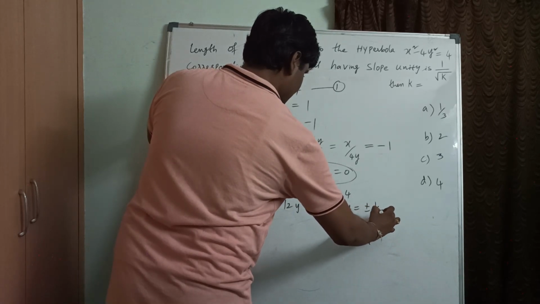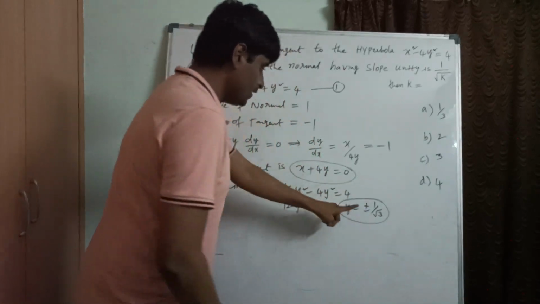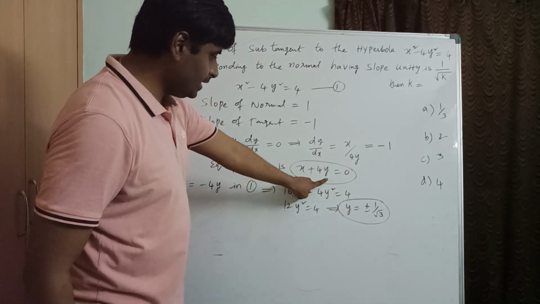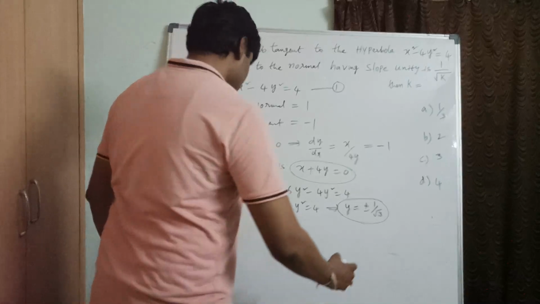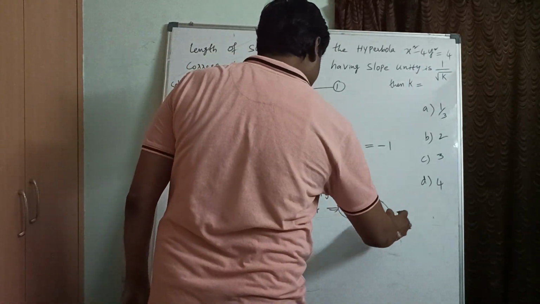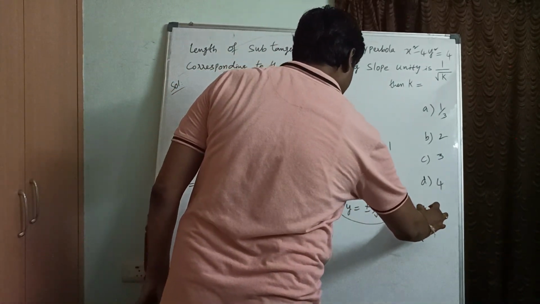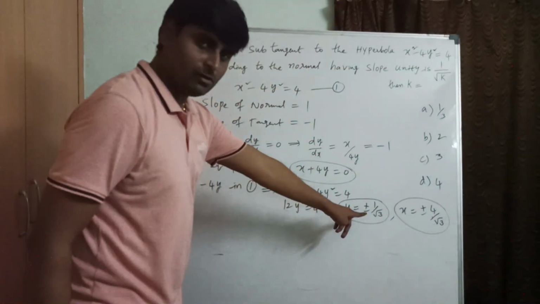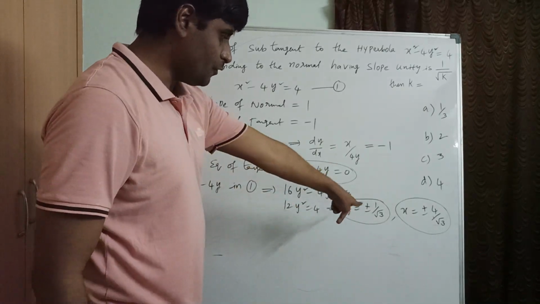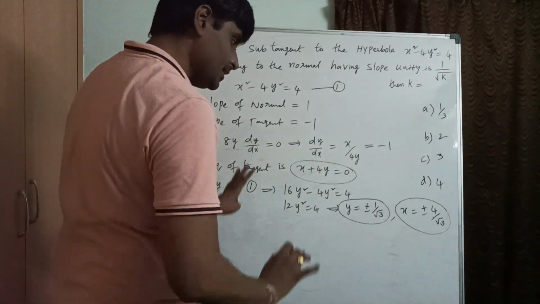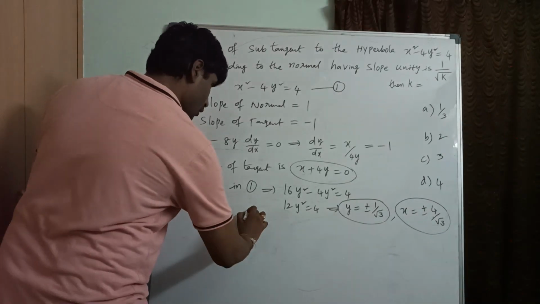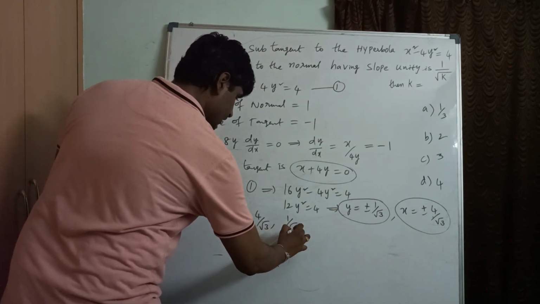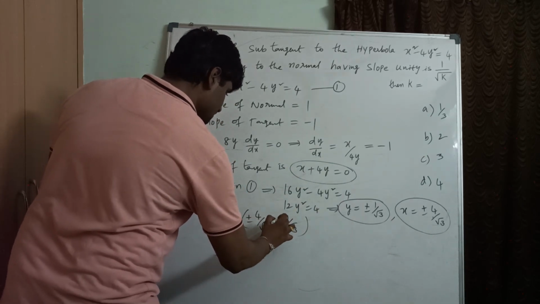Then x is plus or minus 4 by root 3. It's very easy to find the point of contact here: 4 by root 3, 1 by root 3, both plus or minus.